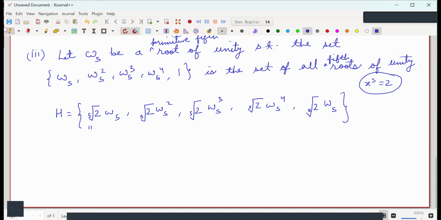So is this thing clear? Why is H this set? Yes, sir. So definitely it's a subset of C star. C star is the non-zero complex numbers.